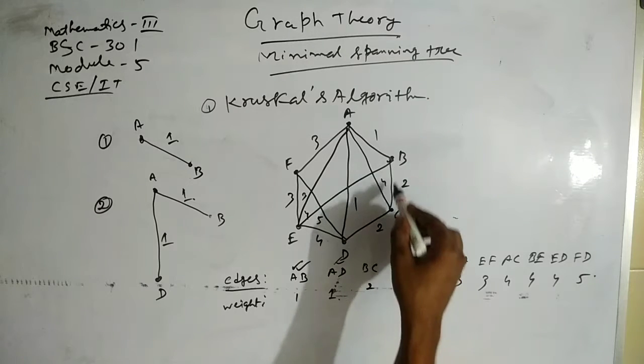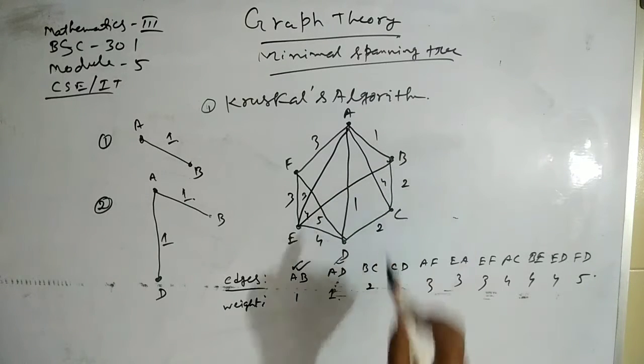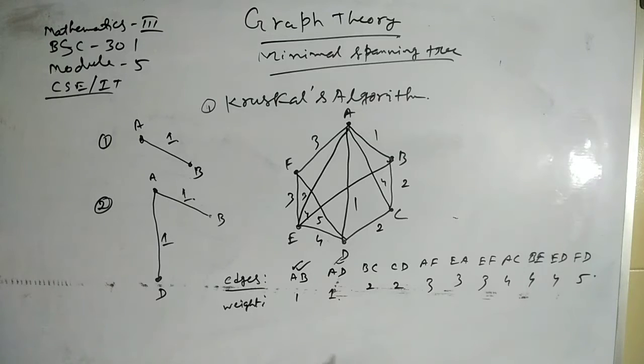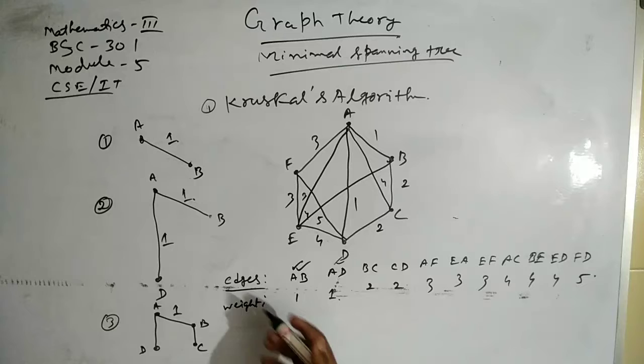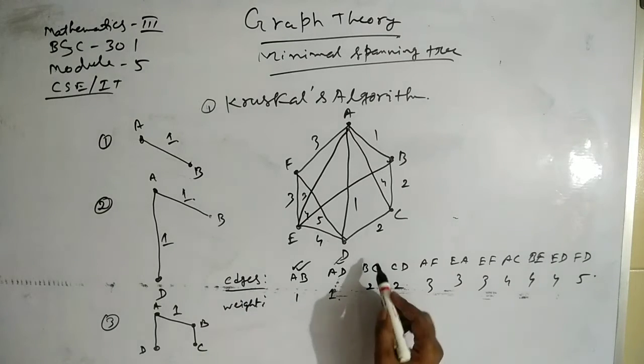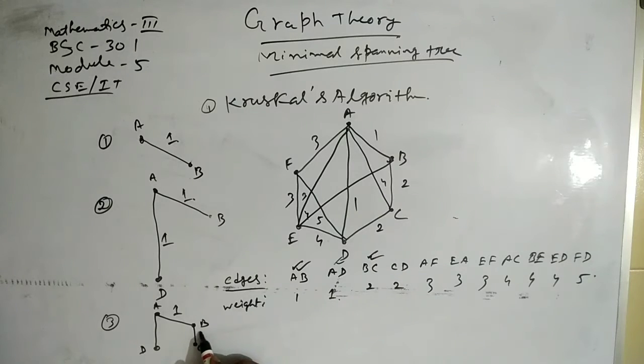BC is the edge with weight 2. So number 3, I am drawing here AB with weight 1. You have to draw the previous graph with the new edges AD and BC. Just observe that after drawing the new edge, no cycle should be formed. So BC is 2.